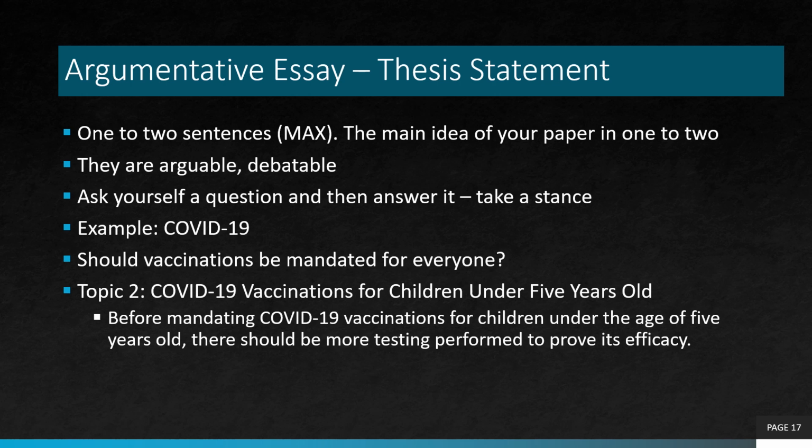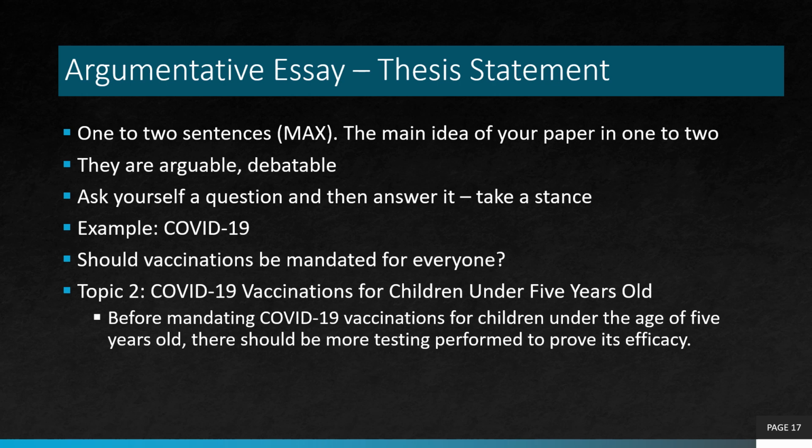So my question is, should vaccinations be mandated for everyone, right? And I'm going to say that, COVID-19 vaccinations for children under 5 years old. So here's my stance on this. Before mandating COVID-19 vaccinations for children under the age of 5 years old, there should be more testing performed to prove its efficacy, right? So I'm talking about COVID-19 and vaccinations specifically for children under 5 years old.